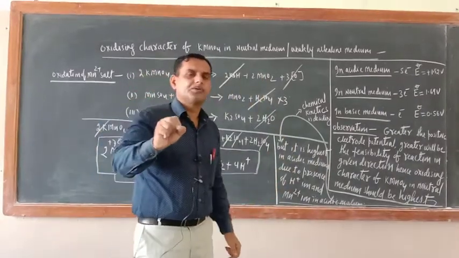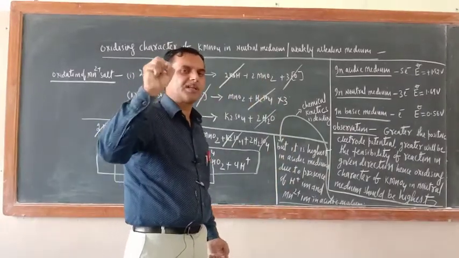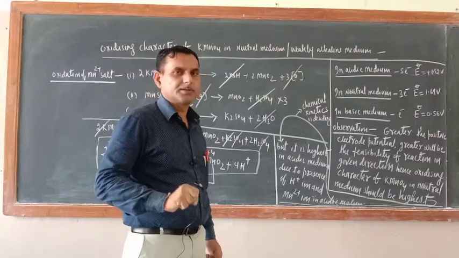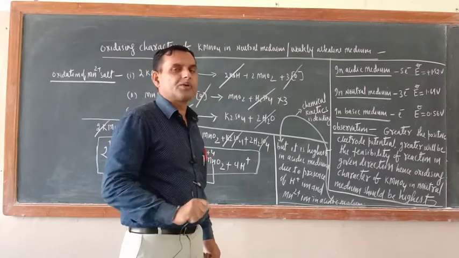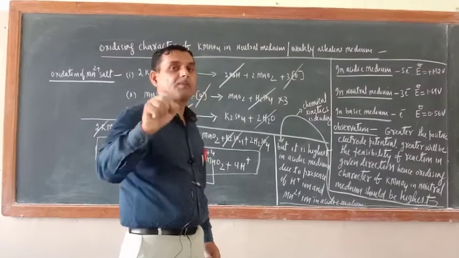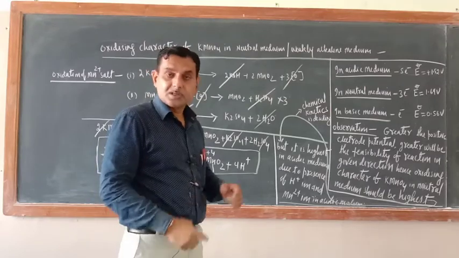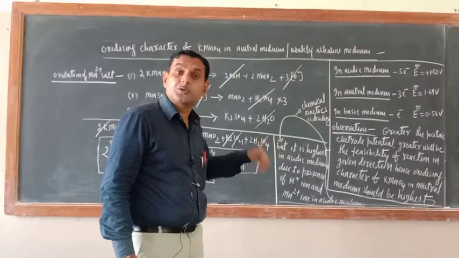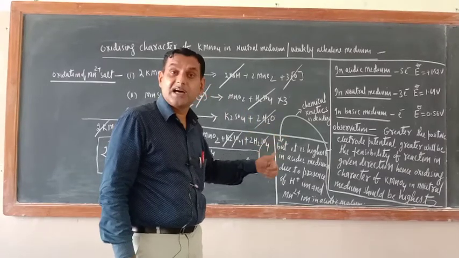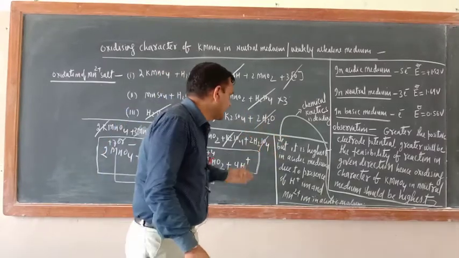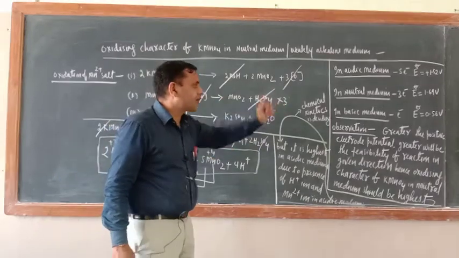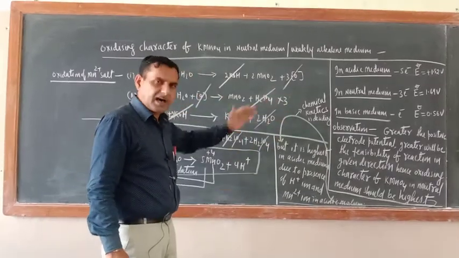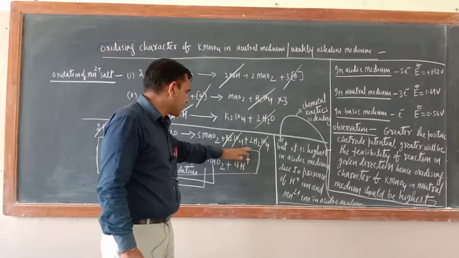The H positive electrode potential is 0.0 volt. Correct? And the water electrode potential is minus 1.23 volt. So with the positive electrode potential, H positive should have oxidized the water, because in neutral medium and basic medium, water is the product.